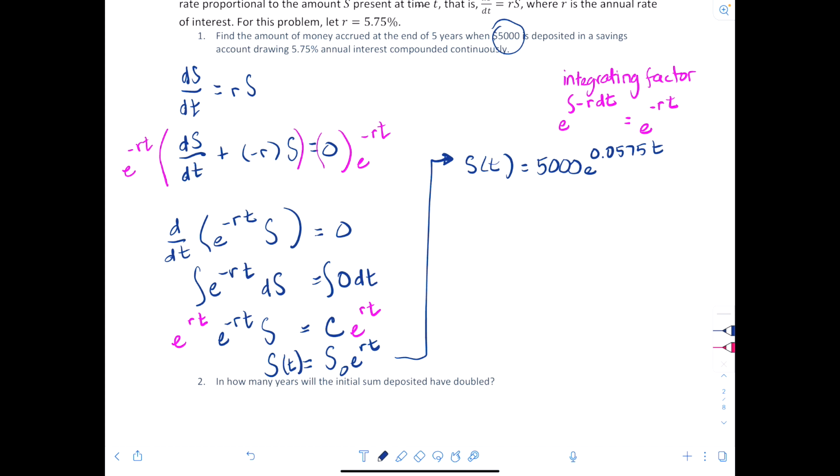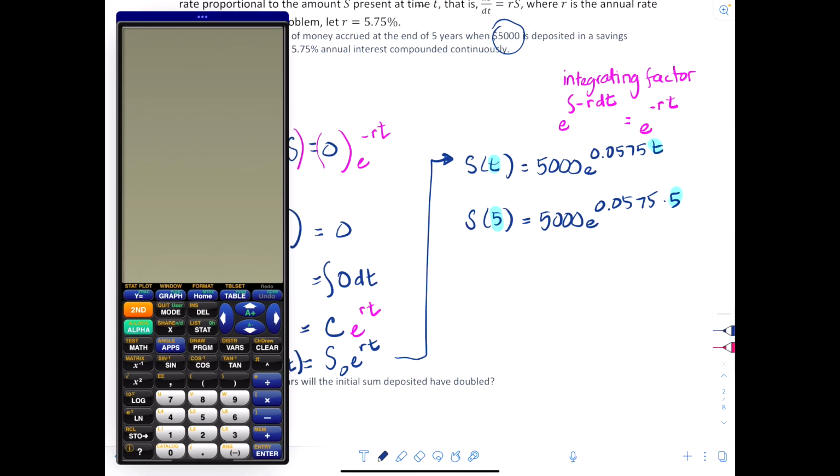All right, so we also wanted to find out what s at 5 is. So I'll just plug in 5 wherever there's a t. Looking at this on the calculator, we would need to have 5,000 times e raised to the 0.0575 times 5.